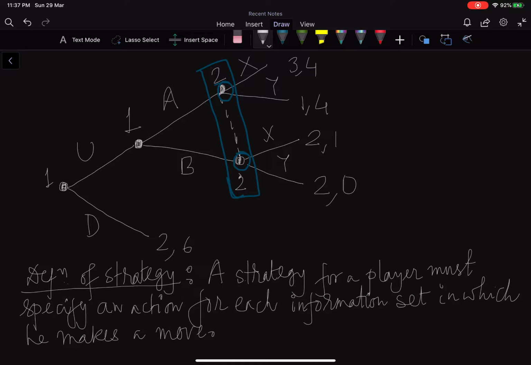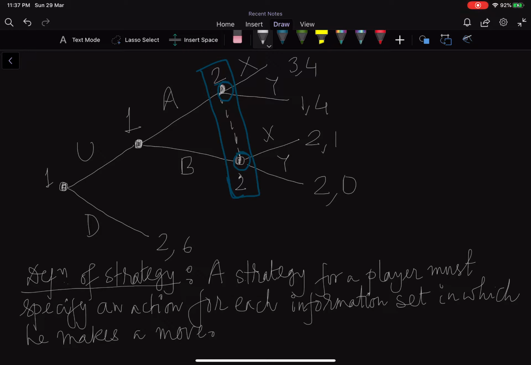So instead of specifying an action for each node, you now have to specify an action for each information set.